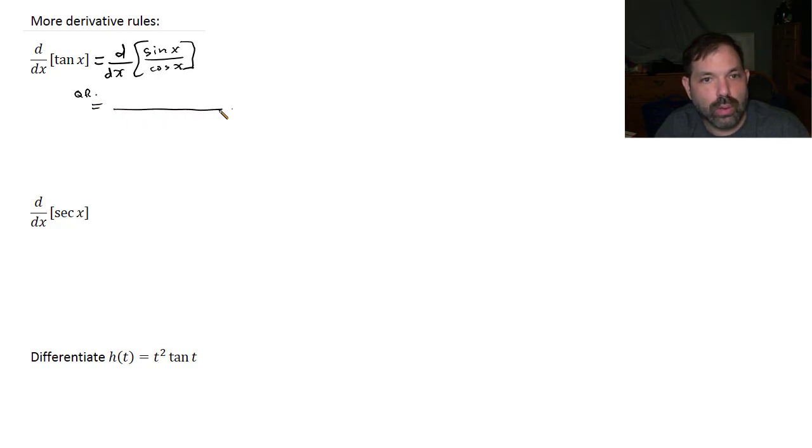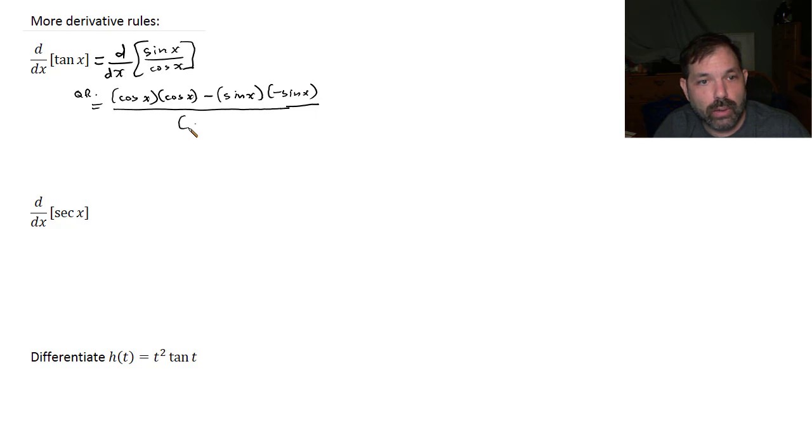Applying the quotient rule, then differentiating the top, that would be cosine x. Leave the bottom alone, cosine x. Minus, leave the top alone, sine x. Differentiate the bottom. The derivative of the cosine function is negative sine x.